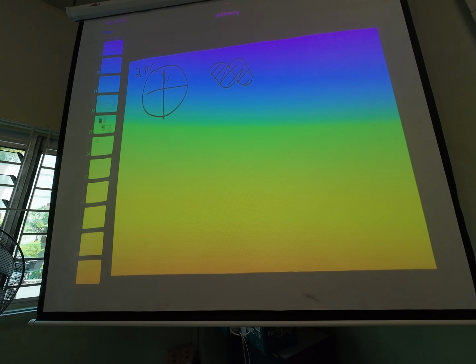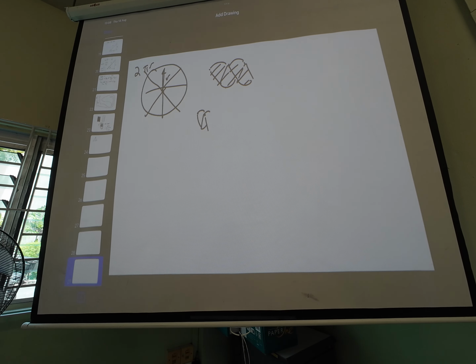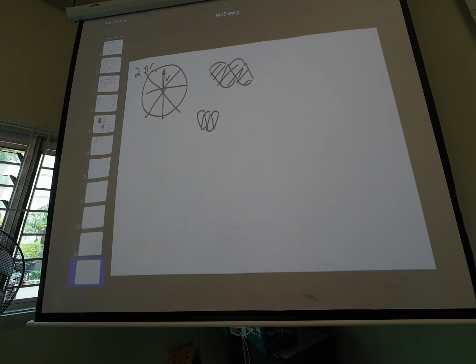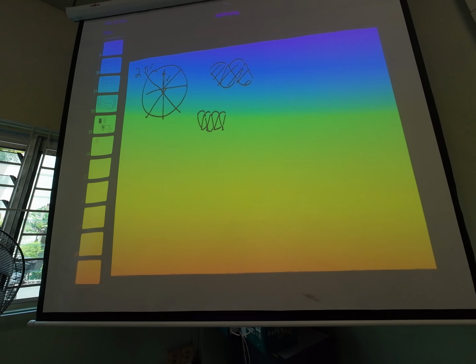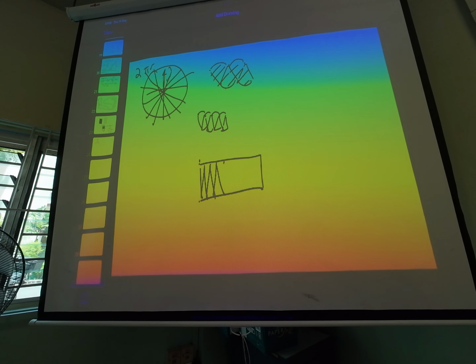If I cut even smaller pieces, it will look more and more like that. 1, 2, 3, 4, 5, 6, 7, 8. Can you see that the more pieces I cut it into, the more it turns to look like a rectangle?